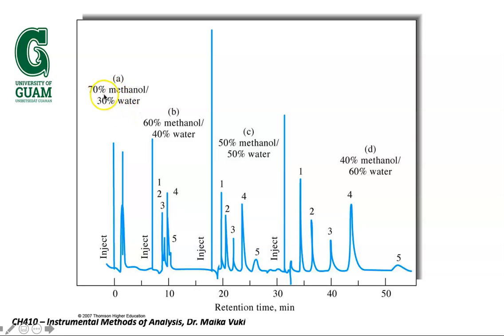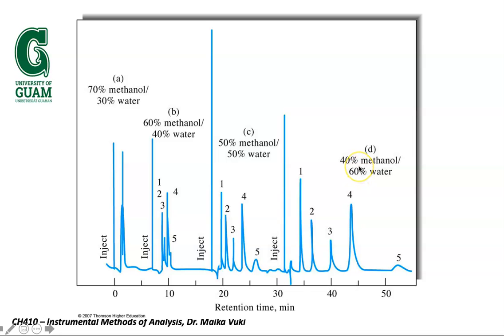So you look at this chromatograph here, the change from 70% methanol and 30% water compared to 60% methanol and 40% water. You can see there's hardly any resolution in the first, but if you look at the resolution here, it is a lot more defined.